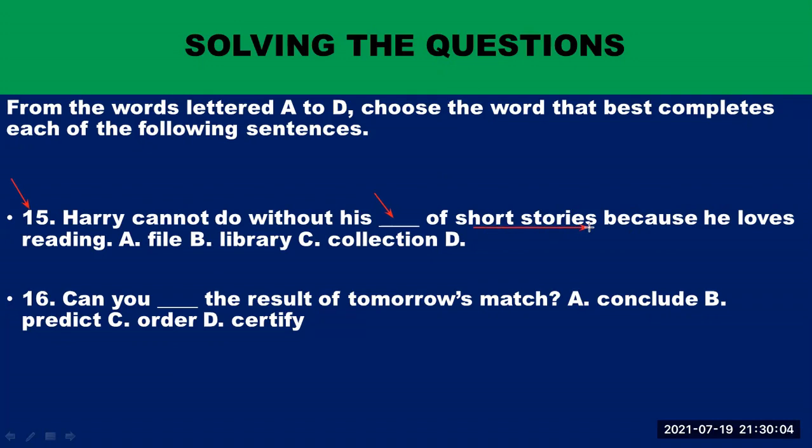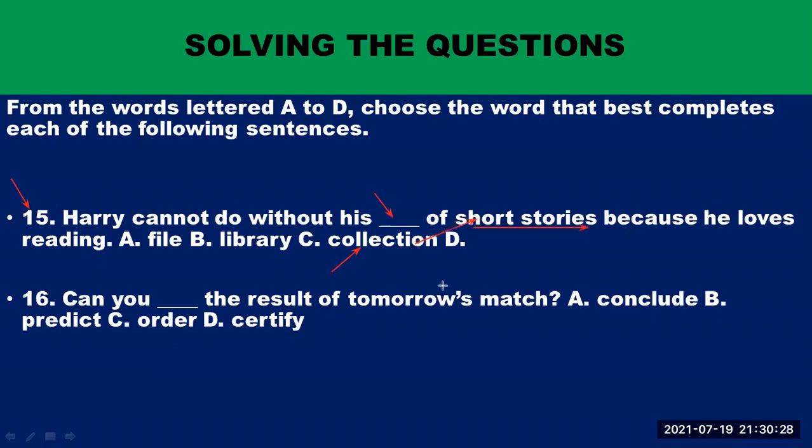B is library. You can talk about a library of books, but certainly not a library of short stories. Option C is collection, and this is the appropriate option because you often hear people talk about a collection of short stories or a collection of poems.